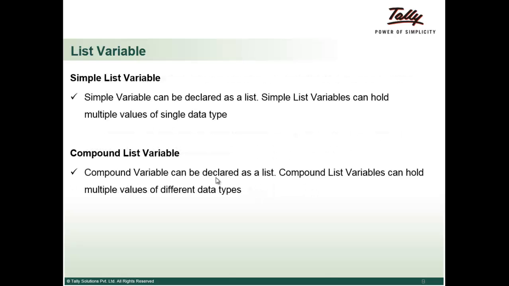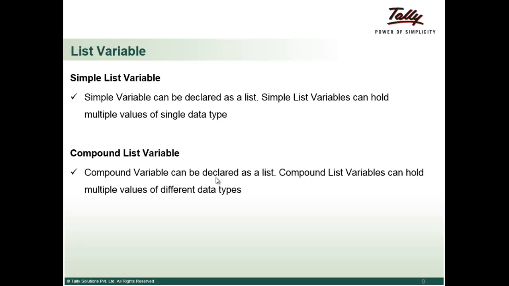We already said that a list variable can contain one or more variables, either simple variables or compound variables. If the list variable contains a list of simple variables, then it is known as a simple list variable, and if the list variable contains a list of compound variables, it is known as a compound list variable.